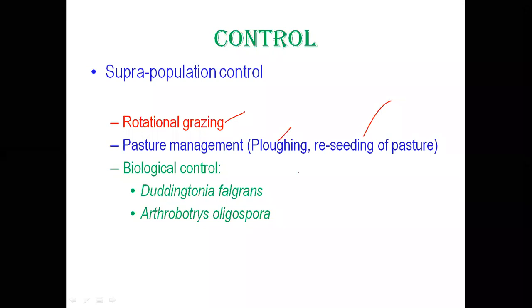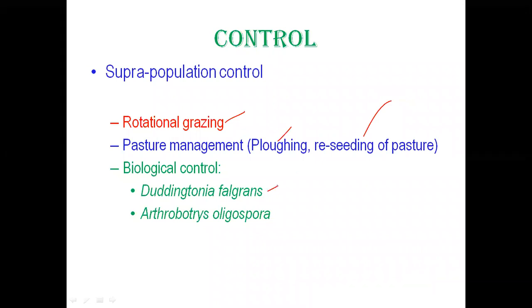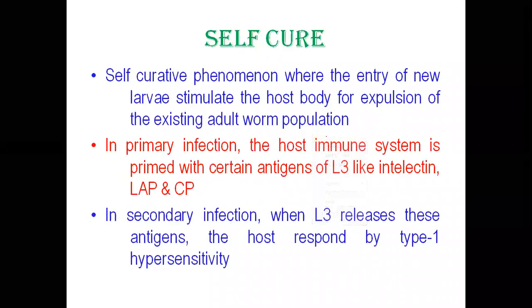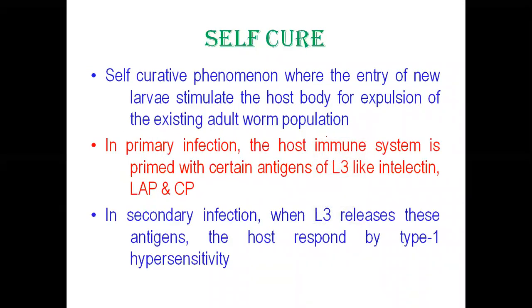Very, very smart approach. Once Duddingtonia flagrans is fed to cattle, it does not cause any harm, and it is voided out in the environment with the parasitic larvae, and in the environment, the fungus entraps the parasitic larvae, and the larvae are dead. This is biological control.